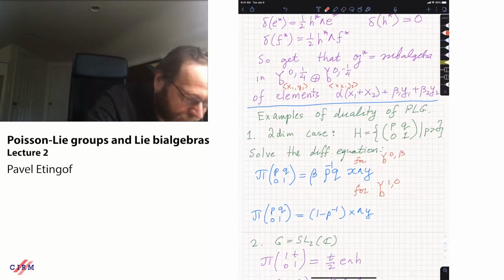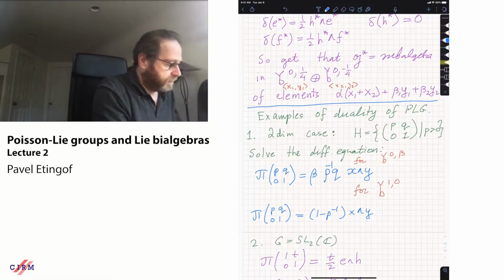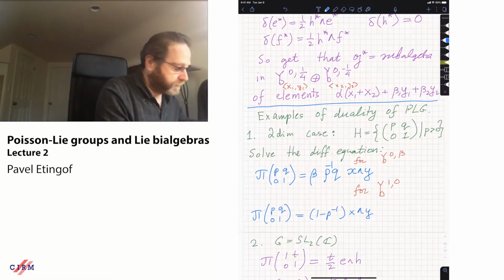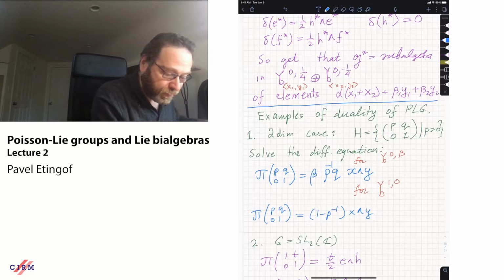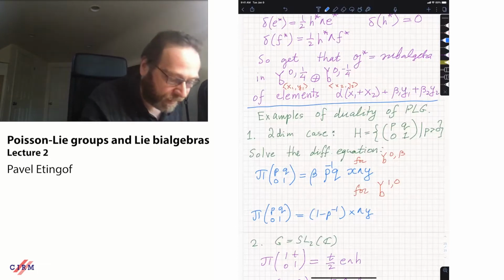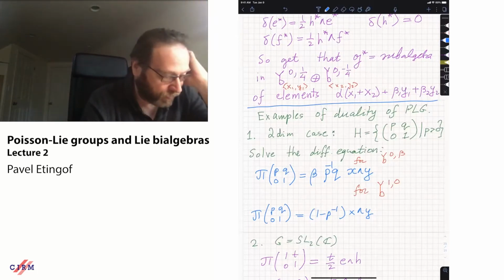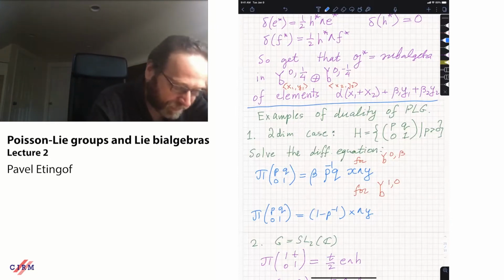I think that maybe there is a mistake here, because they're supposed to be equal to 0 at the... yeah, it is okay. Yes, P inverse Q equals 0 when P equals 1 and Q equals 0, so it's okay.